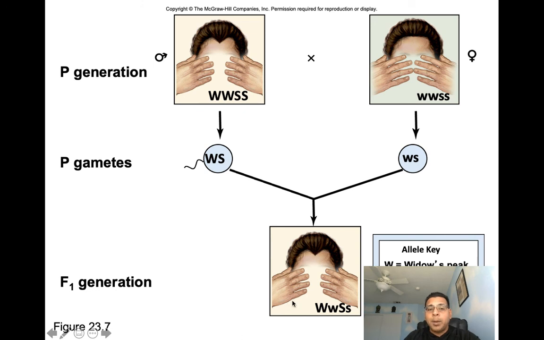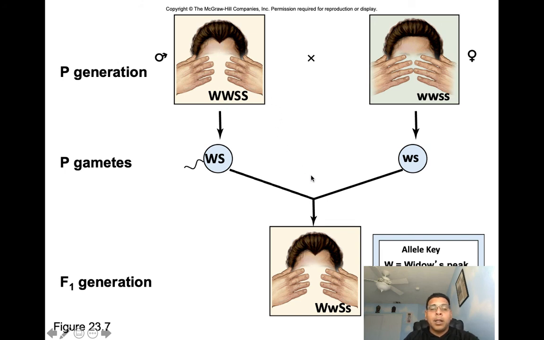So their genotype is capital W, lowercase w, capital S, lowercase s. And again, they all have widow's peak, and we said short fingers. And you can see that here very well. Look at this parent here has long fingers. This parent has the short fingers. So the short fingers you can see came from this parent. And then the widow's peak also from this parent as well.